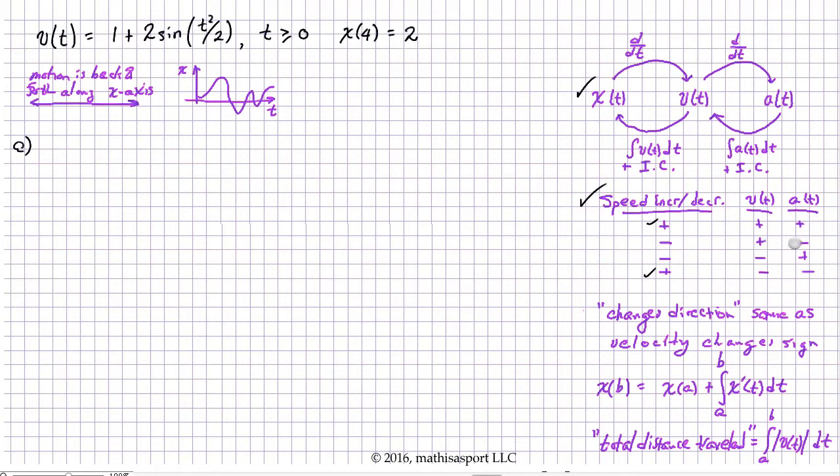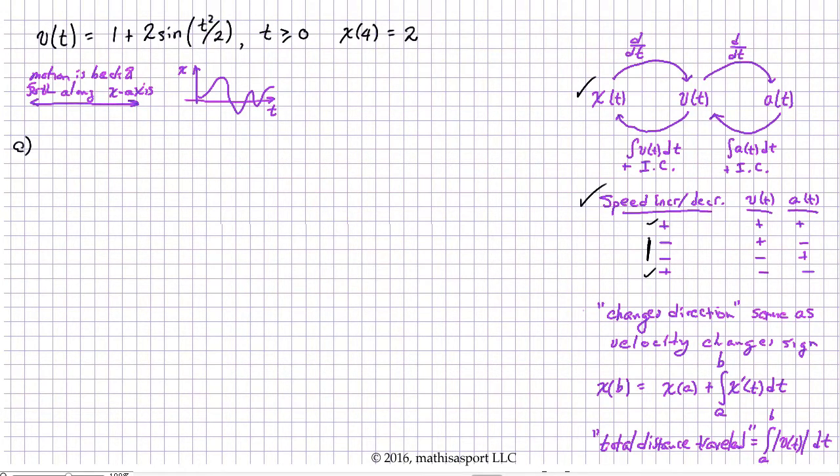But when the velocity and the acceleration have opposite signs, that's the region of decreasing speed. So we simply need to find what the velocity is at time 4, what the acceleration is at time 4, and see which pattern they fit. Remembering that the acceleration is the derivative of the velocity.